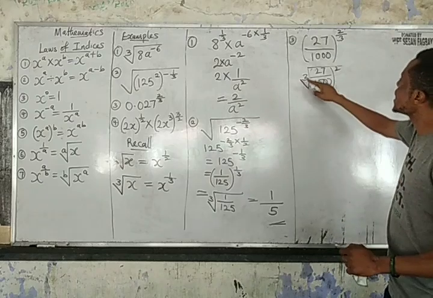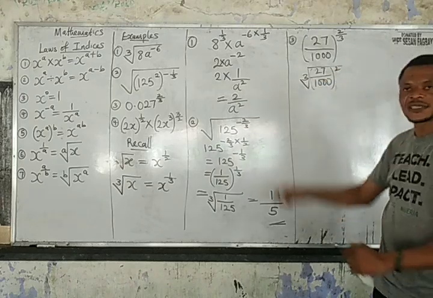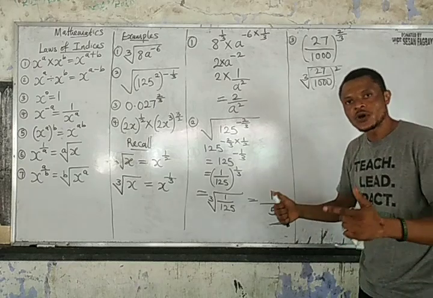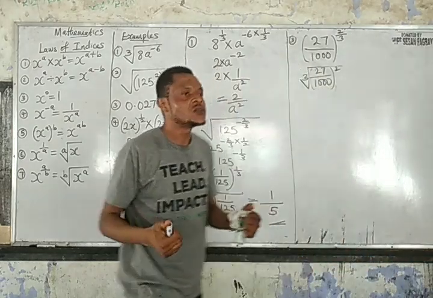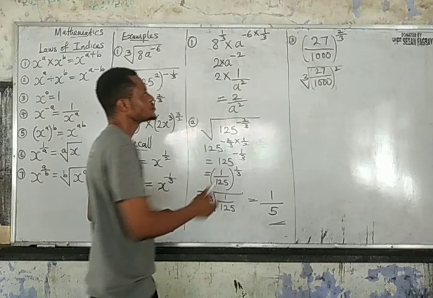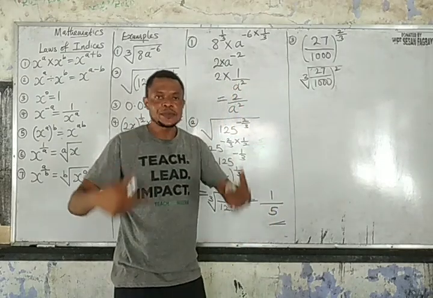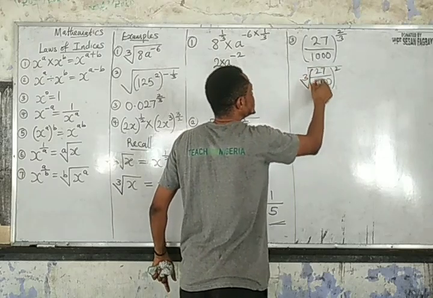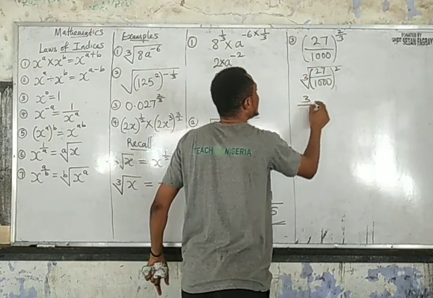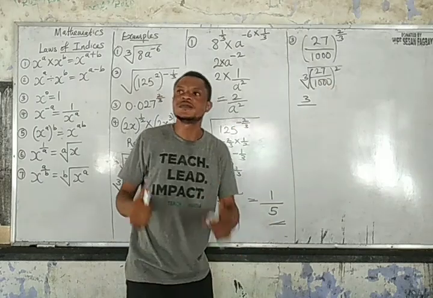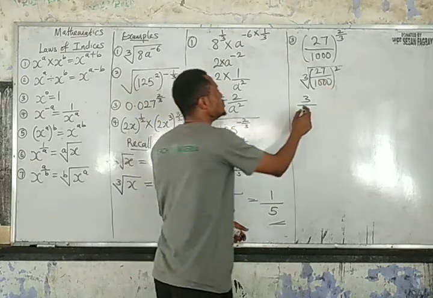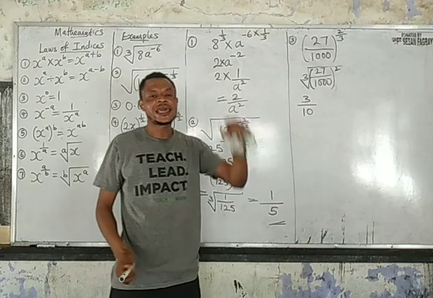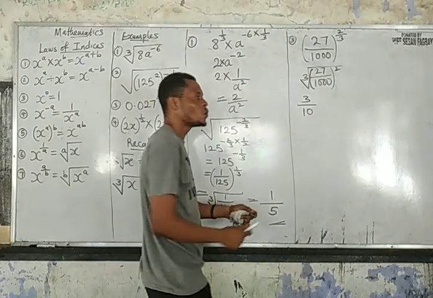Now, the cube root of 27 is going to be 3, because 3 multiplied by 3 multiplied by 3 will give us 27. So the cube root of 27 is 3, all over the cube root of 1,000, which is 10, because 10 multiplied by 10 multiplied by 10 will give us 1,000.